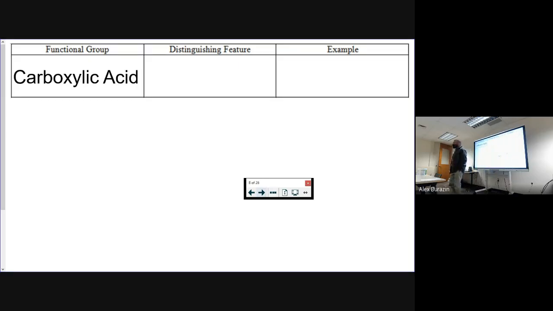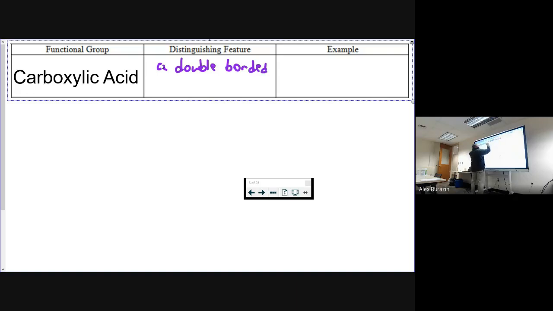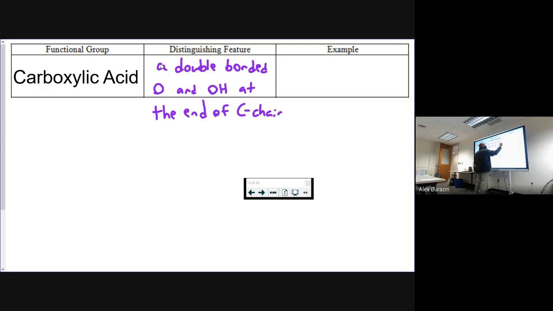Carboxylic acid. Oh my gosh. A double bonded oxygen and an OH at the end of a carbon chain. For example, like that.